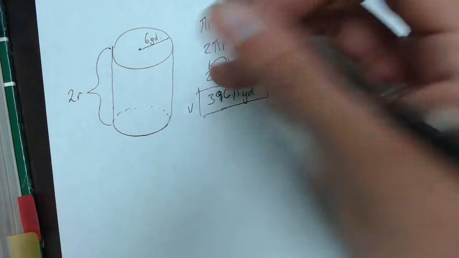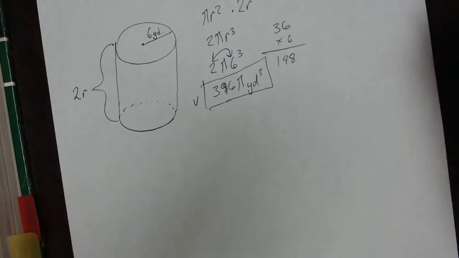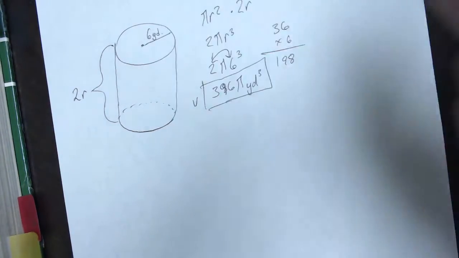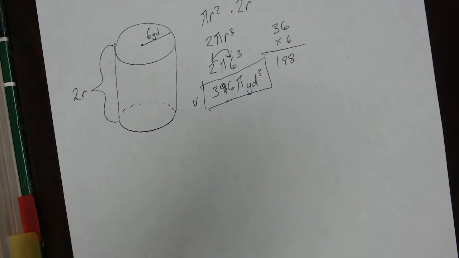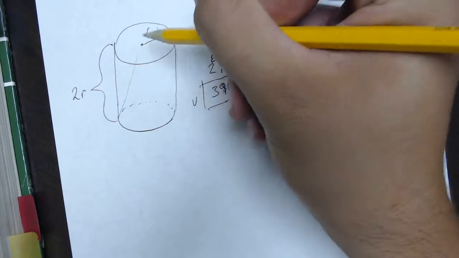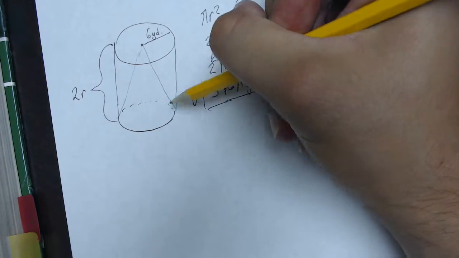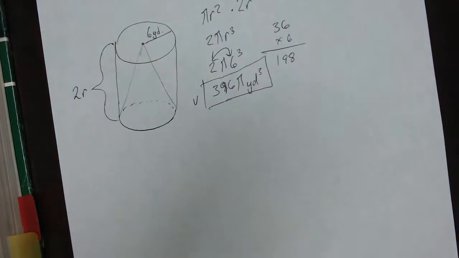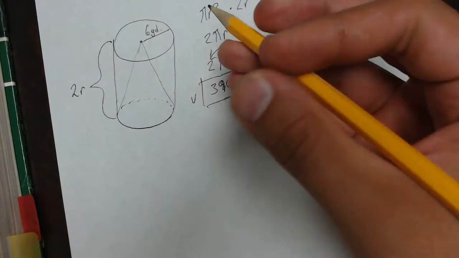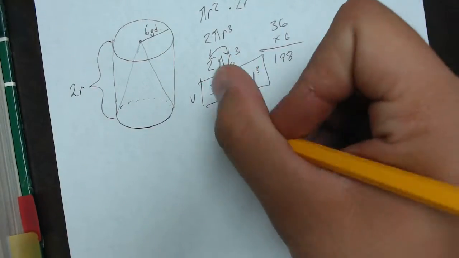Now, if we wanted to make this a cone, say we have that point, and hold on, need a pencil. Okay, so let's say we had this shape make a cone at that point, and we want to find the volume of that cone. We would take the volume of our cylinder, and we divide that by 3.